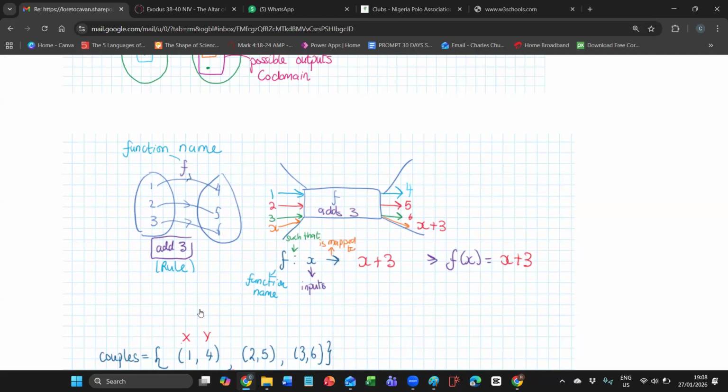And you can see how the range is obtained just by adding three to each one.